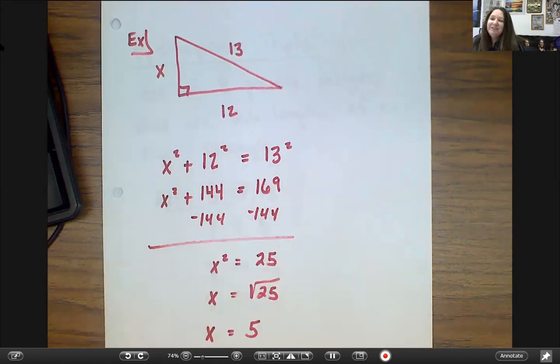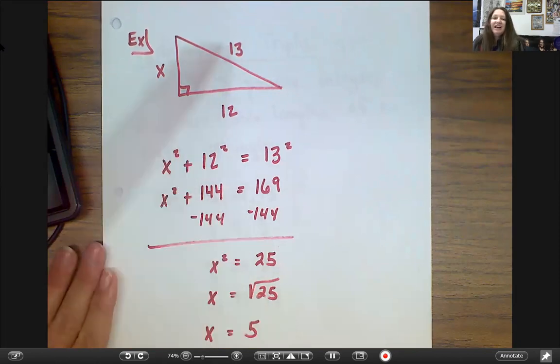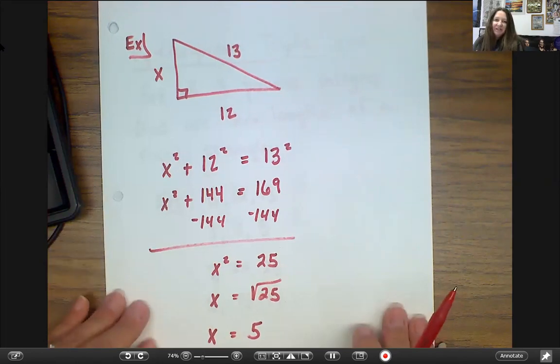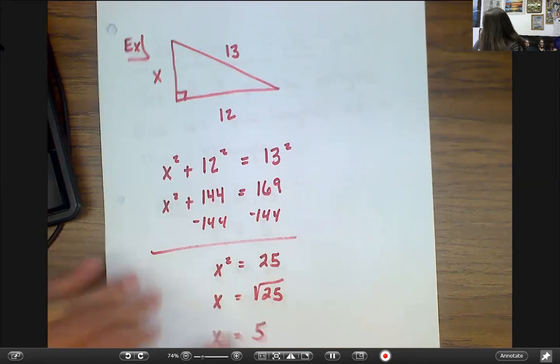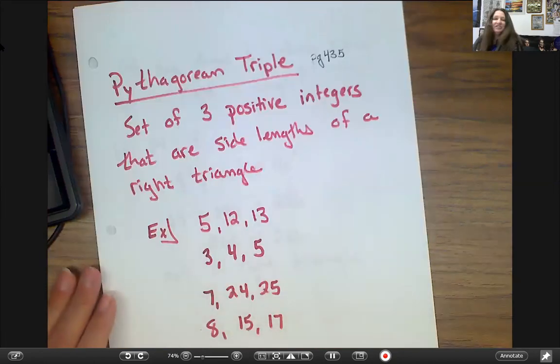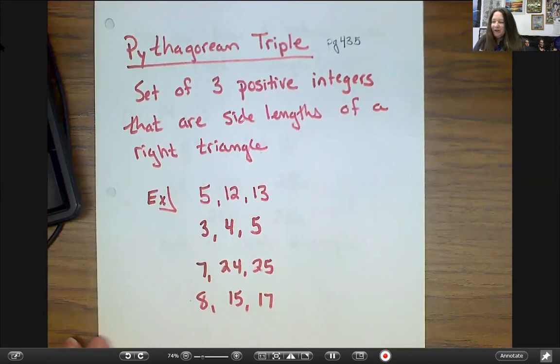It doesn't happen very often, but sometimes you get 3 integer values on your right triangle. These are special types of values called Pythagorean triples. And mathematicians like to use these. Within application problems, you see them within construction and other applications because they're ones that work out to integer values.